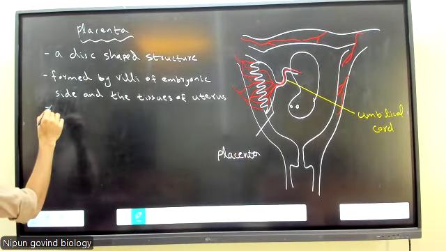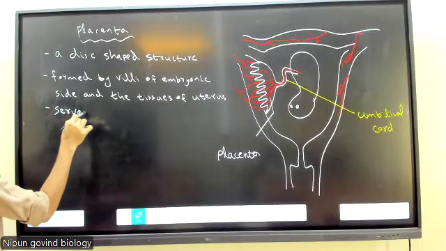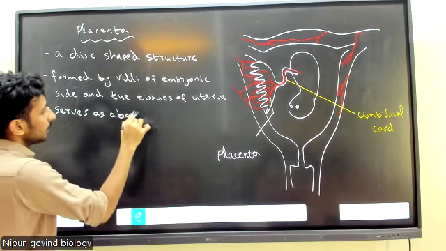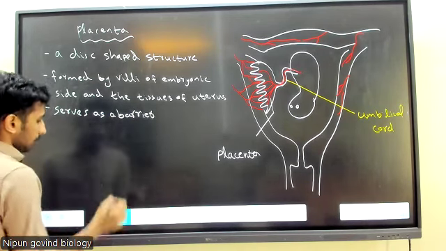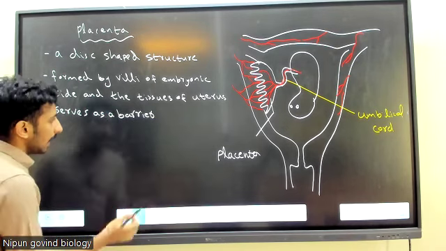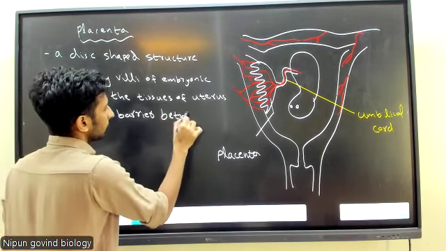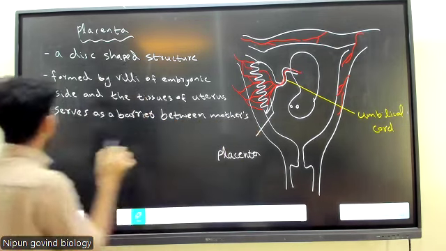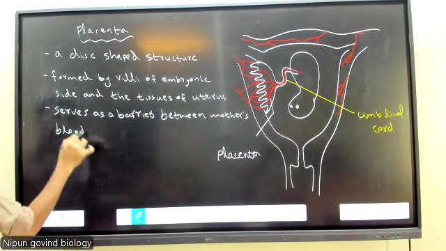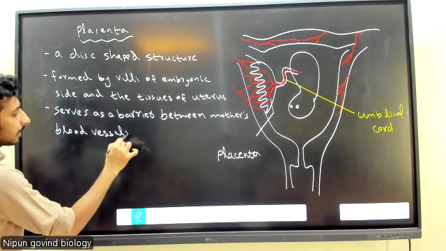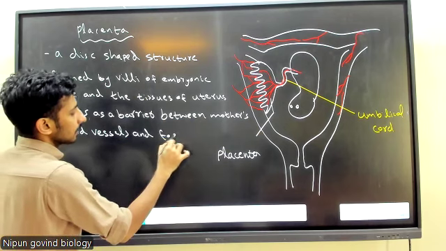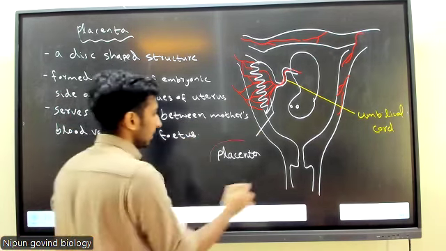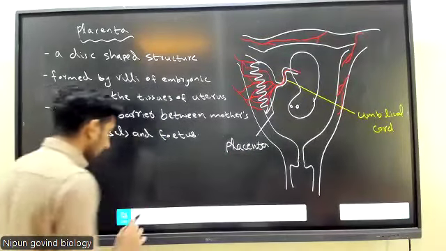And the placenta serves as a barrier between the mother's blood vessels and the fetus.